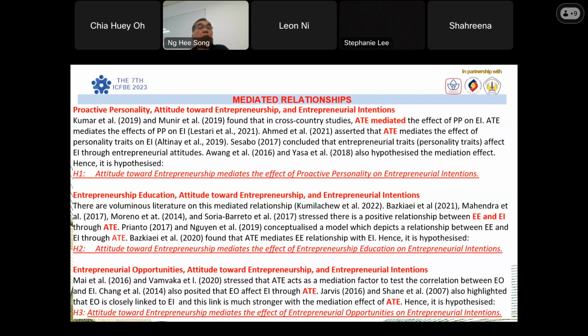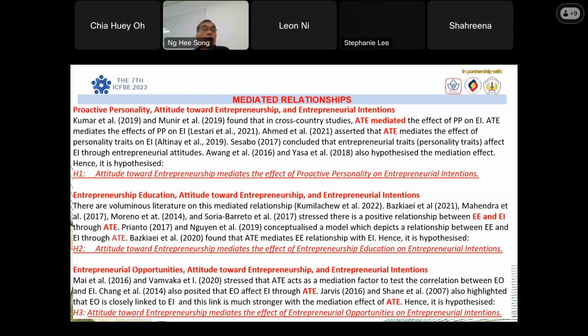I got various authors to support this, for example Puma, and other authors who also say the same thing, that it is important to have a good personality or entrepreneurial trait under the influence of attitude. So H1: attitude towards entrepreneurship mediates the effect of proactive personality on entrepreneurial intention.